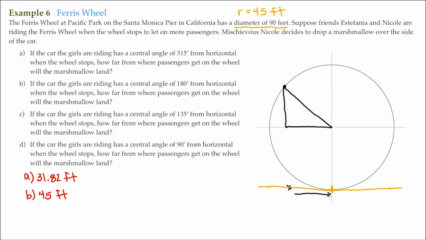Well, that's going to be the same distance as it was for the answer in letter A, except we're just in a different quadrant, and we're looking for this distance here. Of course, if this is 1 unit measure, this is going to be the square root of 2 over 2. But we know that this isn't 1 unit, it's 45 feet. So this is going to be 45 root 2 over 2. And we've already found that 45 root 2 over 2 is 31.82 feet. So for C, that's 31.82 feet.